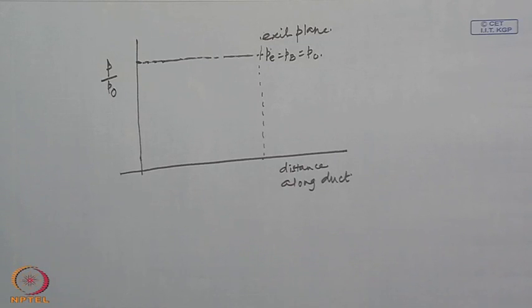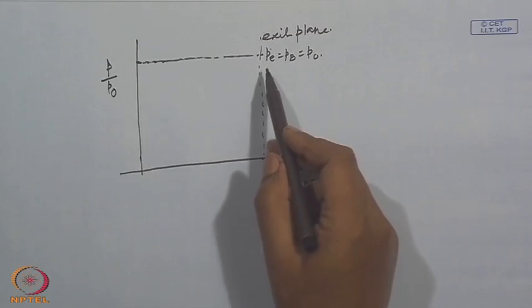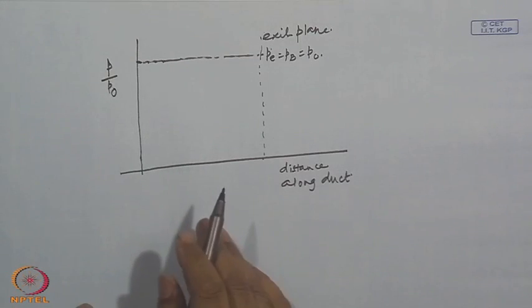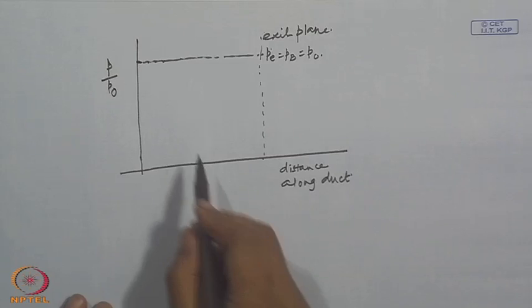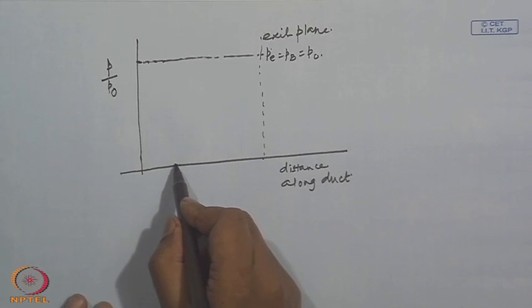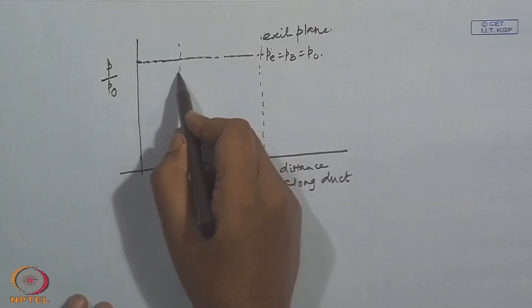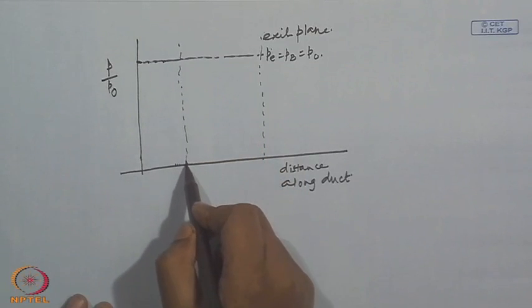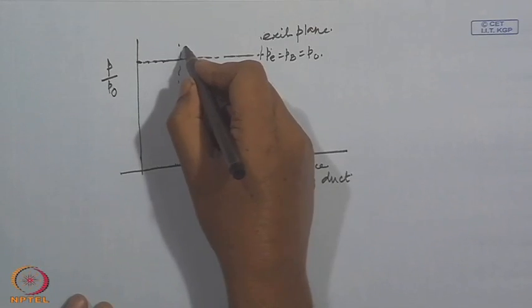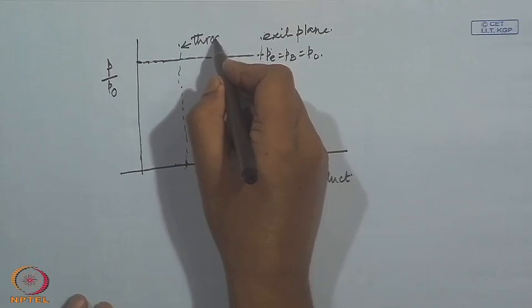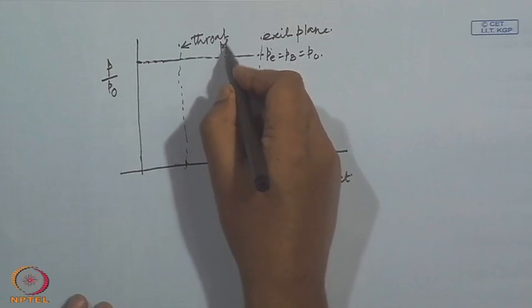Now, if back pressure is decreased gradually, let us say that this is the location for the throat, the throat plane.